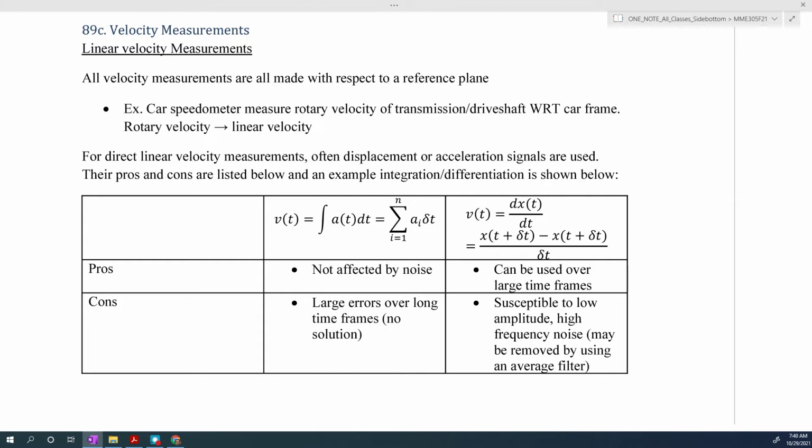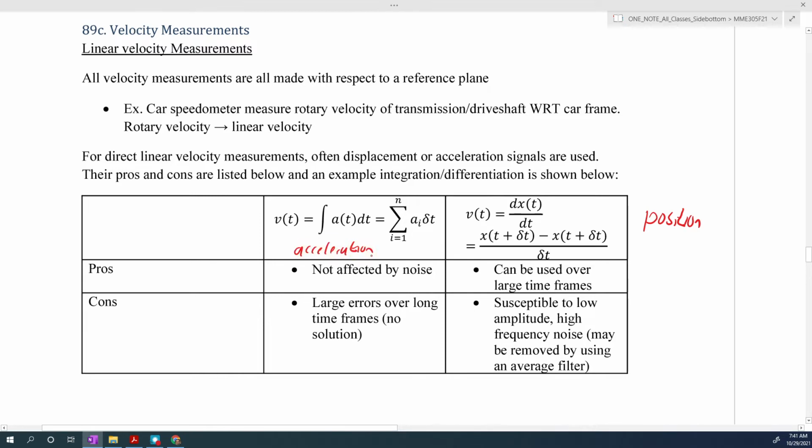For direct linear velocity measurements, what's often done is that displacement signals, like the ones we talked about for an LVDT or a linear encoder, are used, or acceleration signals from accelerometers are used. The pros and cons are listed below for using both position and acceleration: position on the right, acceleration on the left, to determine velocity.